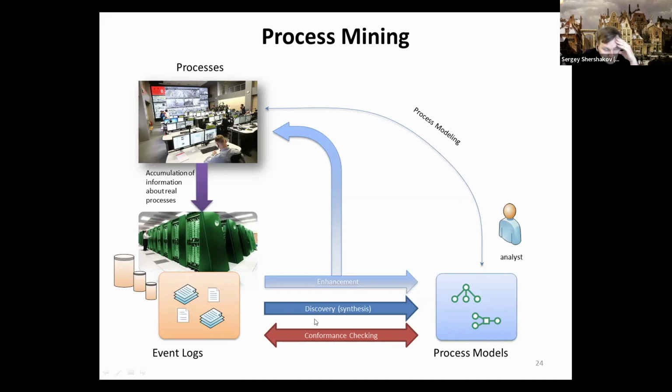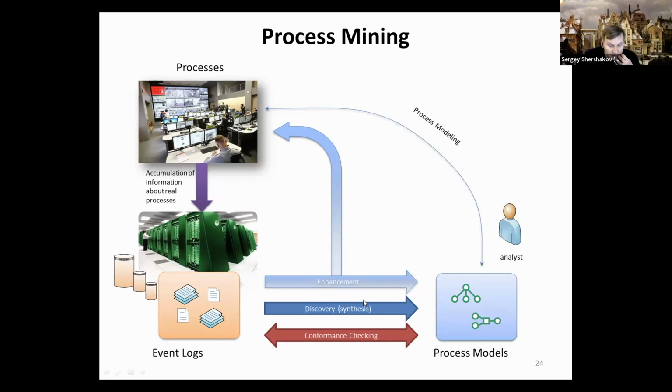Here we simply want to reuse the idea of the synthesis problem, but this time we pass event logs as the input data, and the output of such an analyzing procedure would be a model.